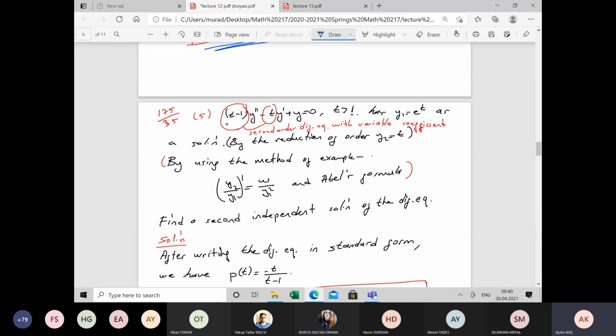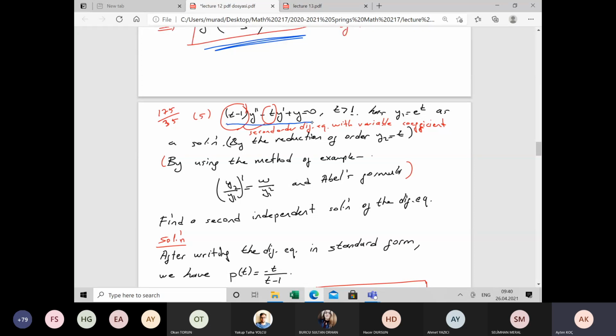The differential equation is (t minus 1) y double prime minus t y prime plus y equals 0, for t greater than 1. This differential equation has y sub 1 equals e to the t as a solution. The question is to find the second independent solution.